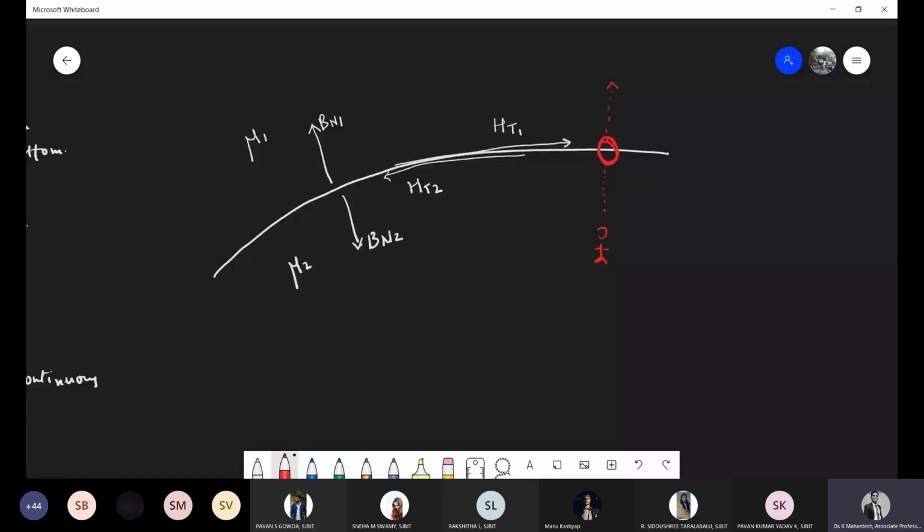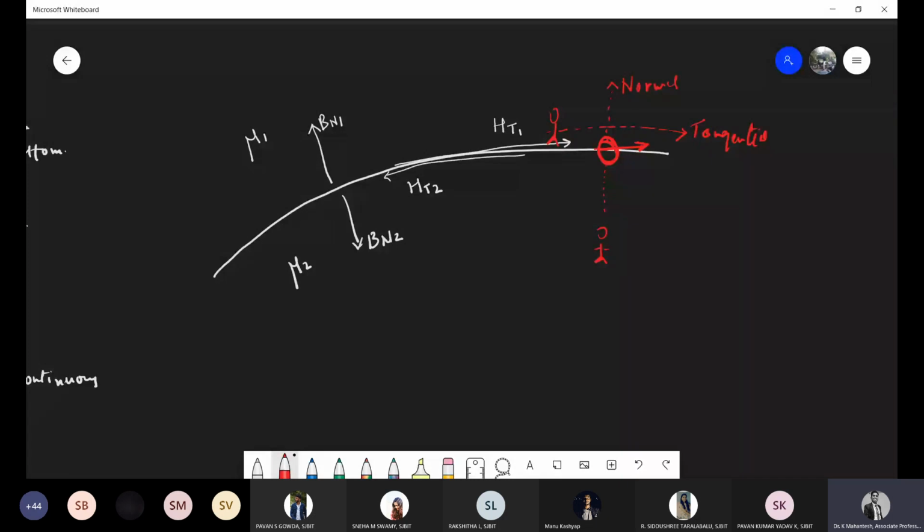Here I'll get normal component if I'm trying to enter from one medium to another. Similarly, if I'm trying to go along the boundary, this is another direction, and this gives me a tangential component, and this gives normal component. So there is no six different components. I have only two components here.